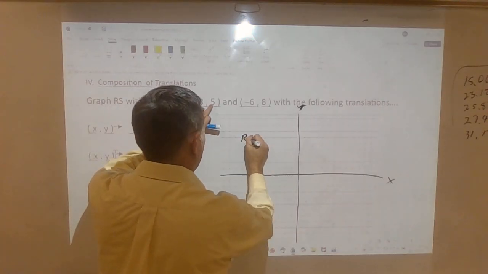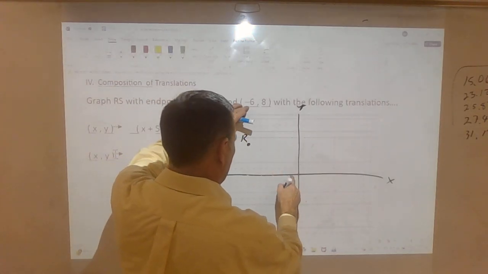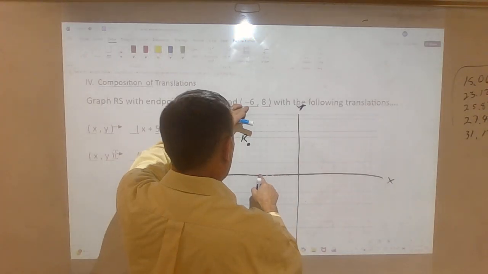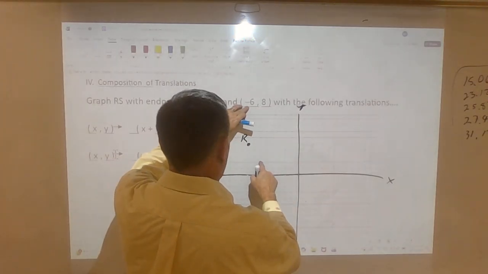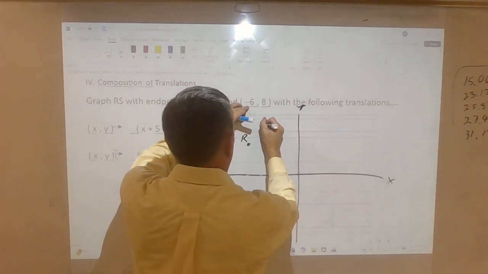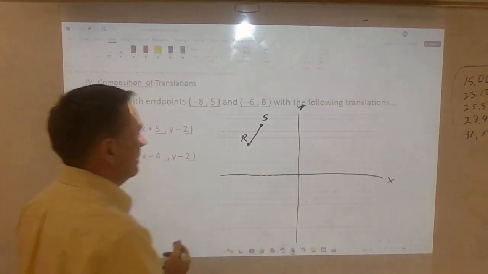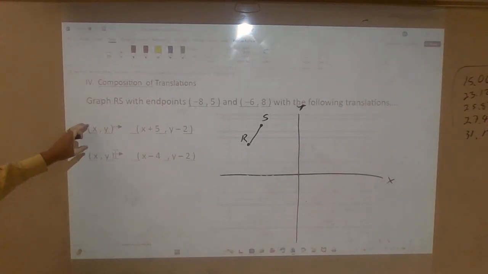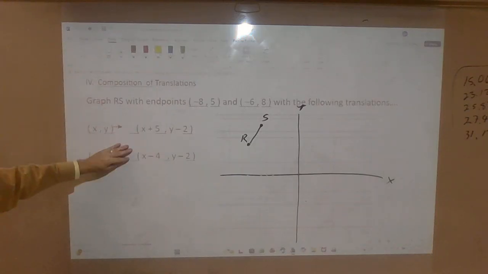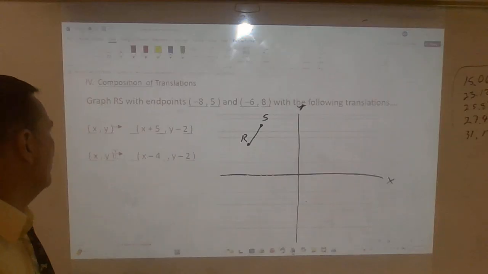So here's R. Now S is -6, up 8. So we have this segment. But we have two translations, our composition. So we have two steps of this.